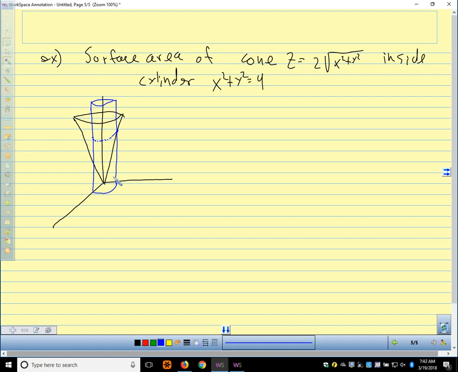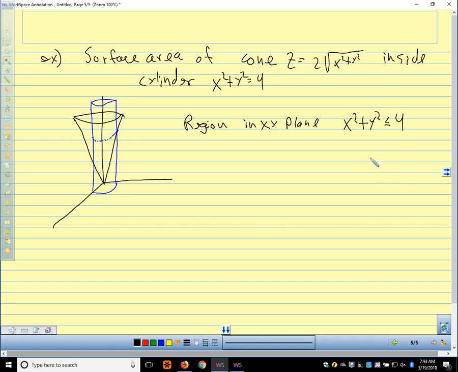So for these types of integrals, like we had on the integral of the day on Friday, part of the problem is deciding, well, what is your function and what is defining your region? So the region in our xy plane is x squared plus y squared less than or equal to 4.